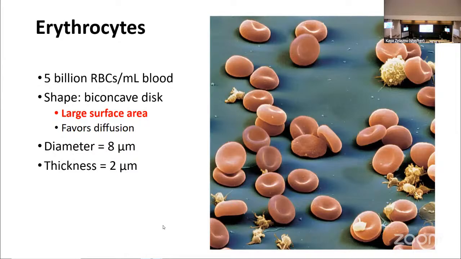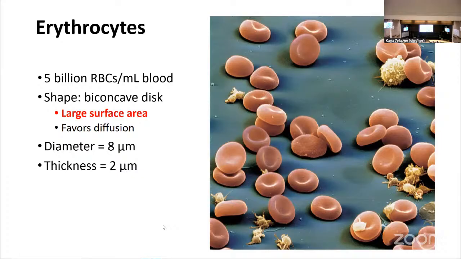When we think about diffusion of gases, gases can cross a cell membrane, no problem. They're small enough and nonpolar, but they do still have to come in contact with a cell to do that. So when you've got a lot of surface area for your cell, there's a greater likelihood that a gas molecule is going to bump into us and come inside.